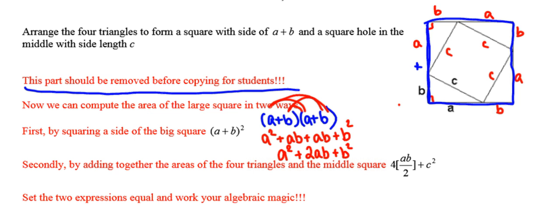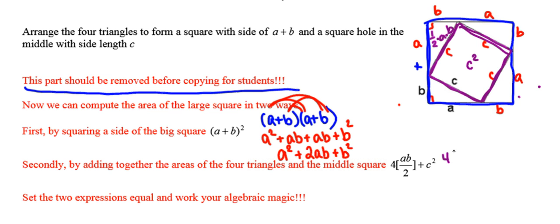The other way we can find the area of this square is by taking the areas of all these little pieces and adding them together. So in my picture, the area of that purple square is going to be C times C, or C squared. And the area of each triangle is going to be 1/2 times the base times the height, or in other words, 1/2 times A times B. But I've got 4 of those.